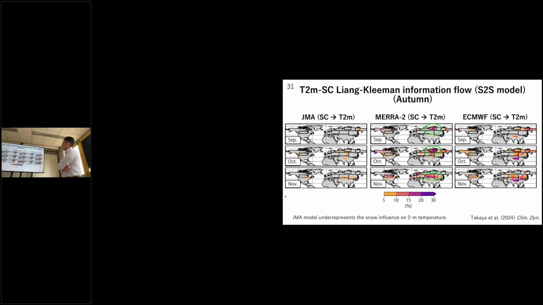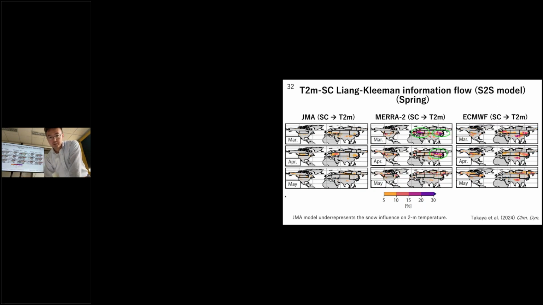We immediately noticed that the JMA model really underestimates the snow cover influence on the 2-meter temperature. On the other hand, the ECMWF model somehow showed a reasonable snow impact on the 2-meter temperature. So that means there is a deficiency in the JMA model.